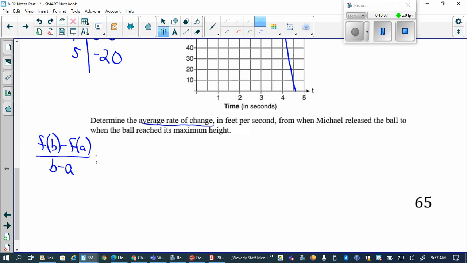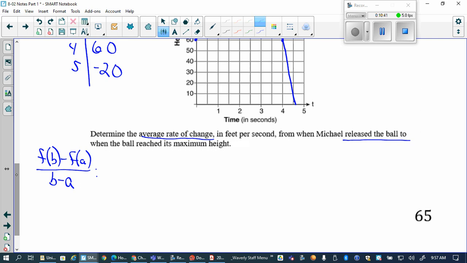When he released the ball. So what time was that? That's at t equals what? When he released the ball. 0, right? Until it's what?